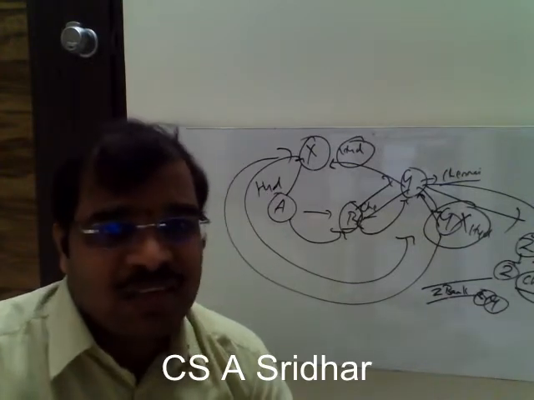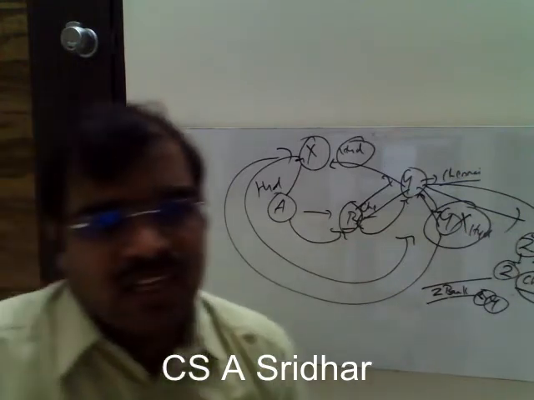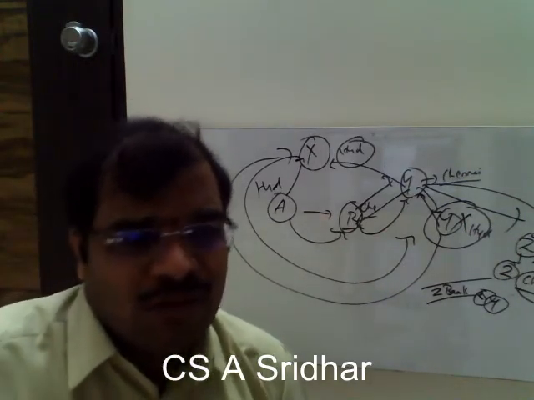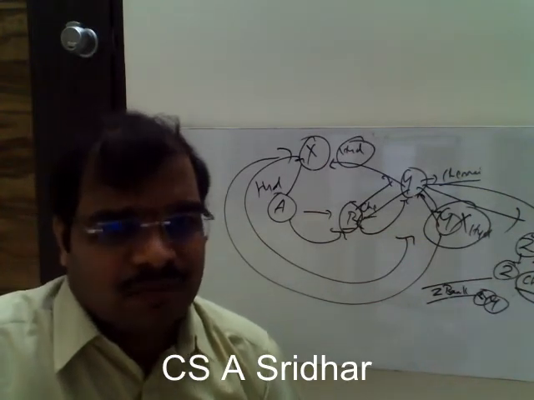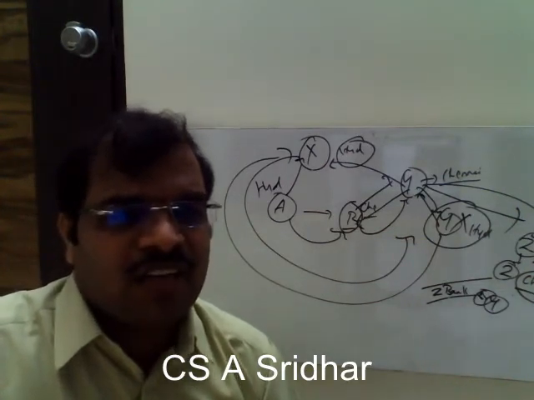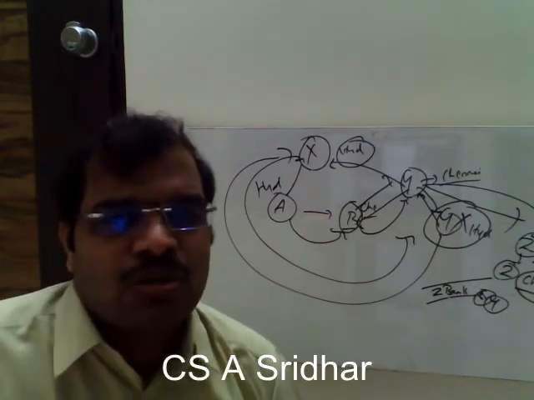That means when any successor is there, suppose, take an example: a father executed a negotiable instrument. After executing the negotiable instrument, the father died. Whether the son is responsible for that negotiable instrument?